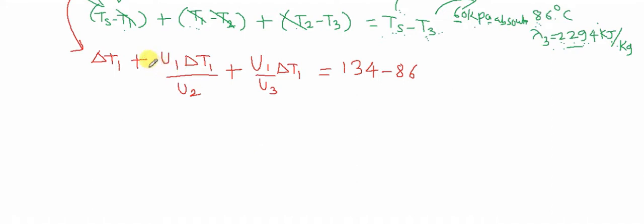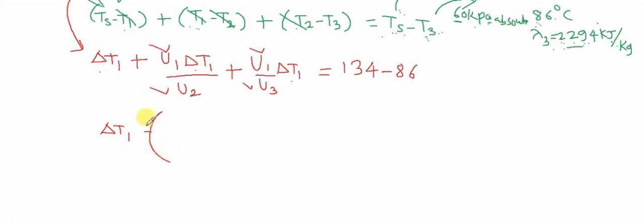Now I know the values of U1, U2 and U3 are given in this problem. So when I substitute all these values, I take delta T1 common.